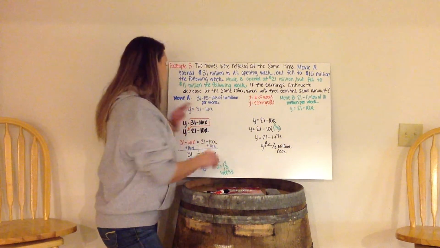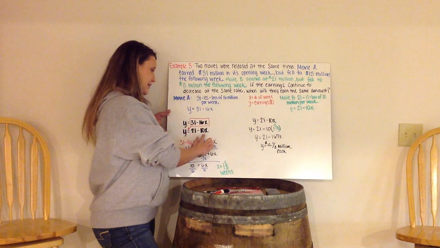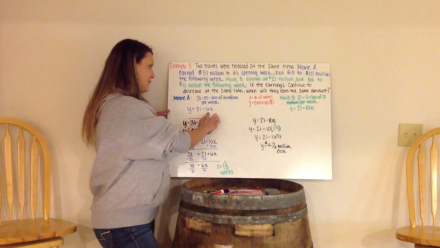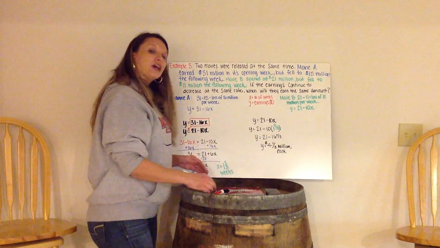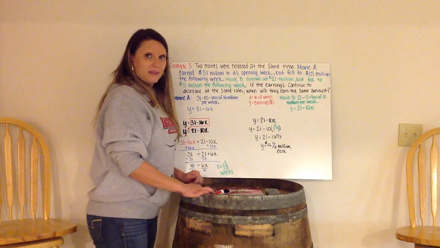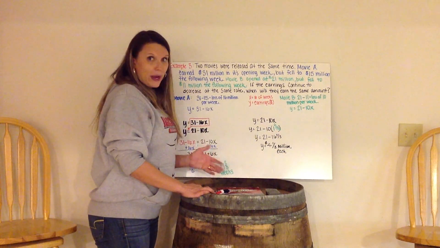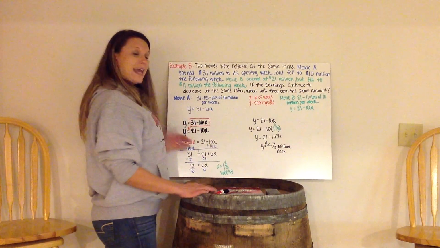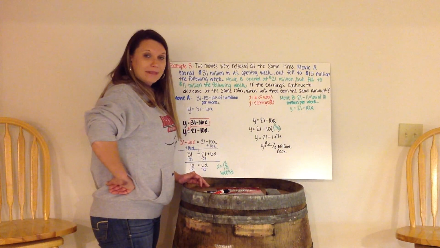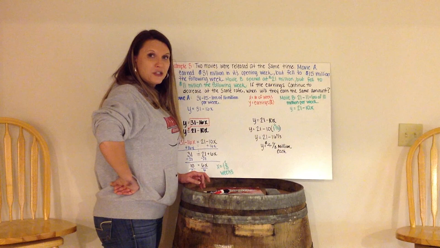Solving our systems, we know that we have these two equations. 31 minus 16x for movie A and 21 minus 10x for movie B. Remember, as long as one of them is solved for one of the variables, you're ready to go. If not, you would have to solve for one of those variables. In this case, they're both solved for y. Does it matter which one I substitute in?